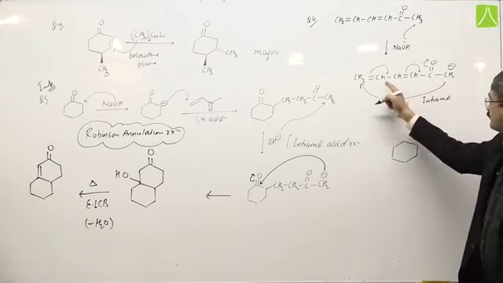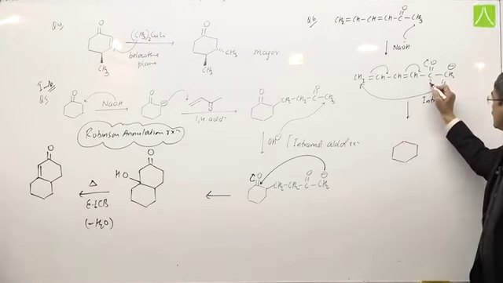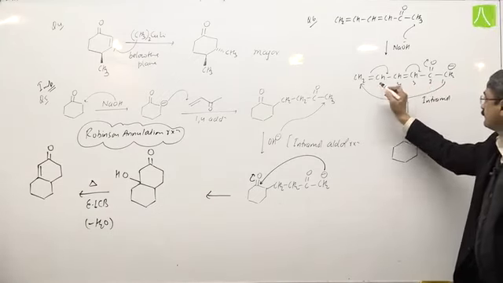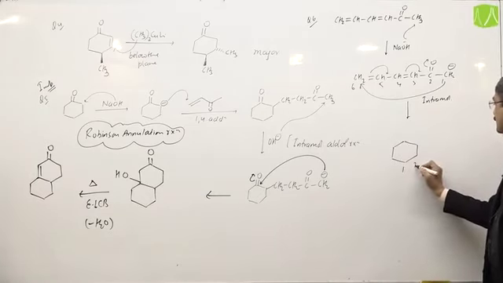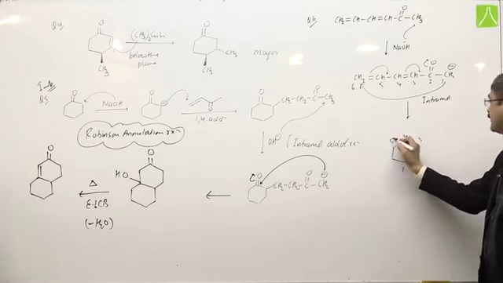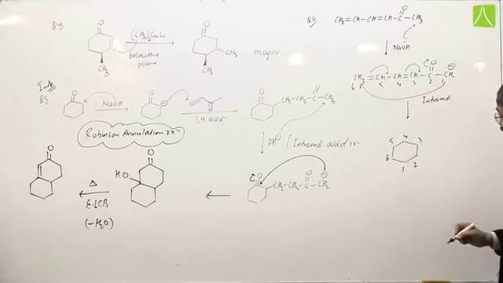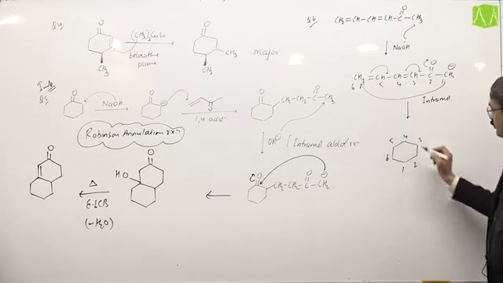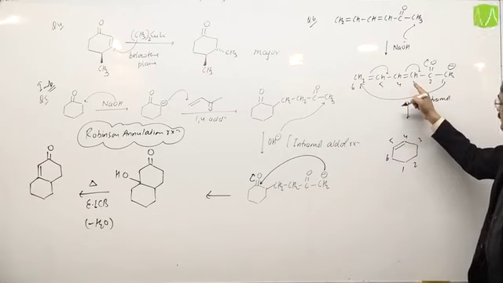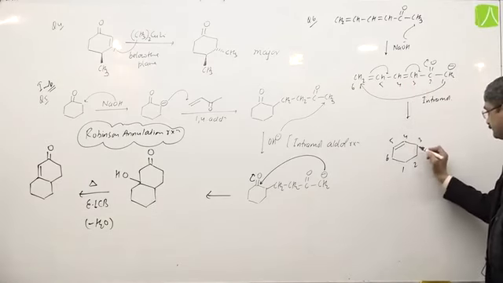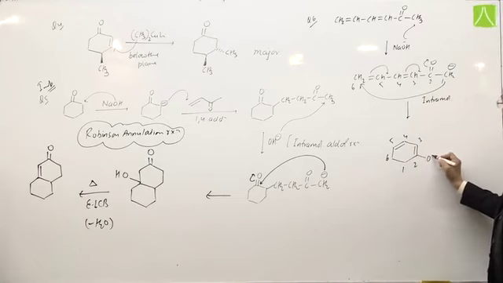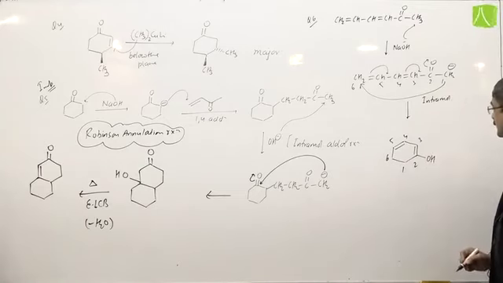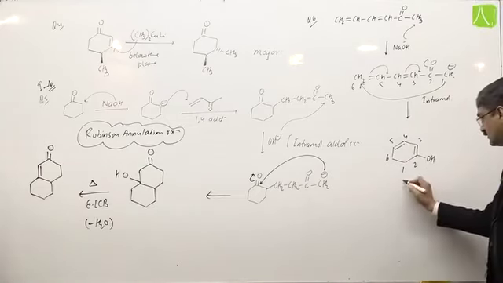1, 2, 3, 4, 5, 6. Suppose I write the numbering. Now here again I write the numbering. 1, 2, 3, 4, 5, 6. So double bond between 4 and 5. Another double bond between 2 and 3. Now O minus, OH at the carbon number 2. This is enol.